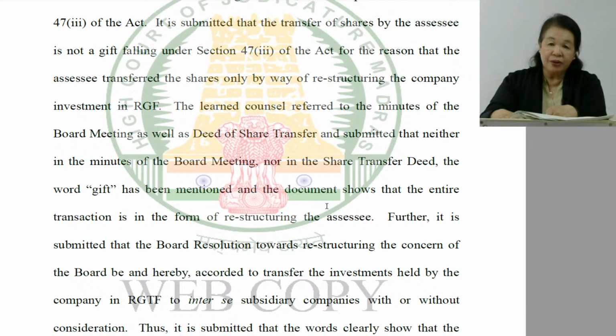Ano ginamit nila dito? Yung minutes of the board meeting. Why? Kasi 'di ba pagka may meeting ang board, may minutes siya, naka-record yan sa books, no? That's why if may mga transactions na nangyayari approved by the board, babalikan yung minutes kung ano yung purpose, kung paano nila, ano yung deliberation during the time na gumawa sila ng ganitong desisyon.